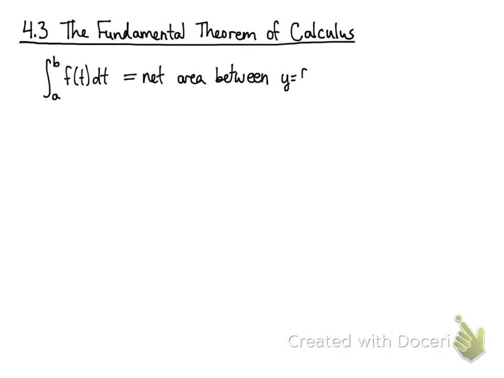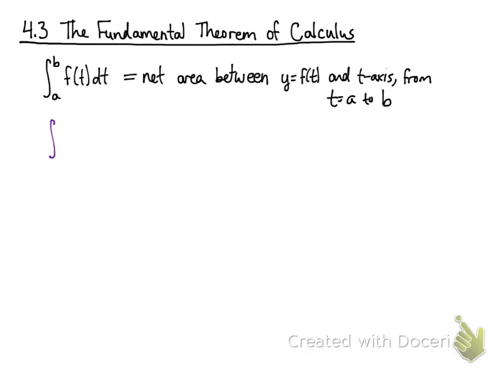Okay, so just as a reminder, when you see a definite integral like this, the integral from a to b of f of t dt, that is a net area. It's the net area between the graph of the function and the horizontal axis, in this case the t-axis, from t equals the lower limit a to t equals the upper limit b.